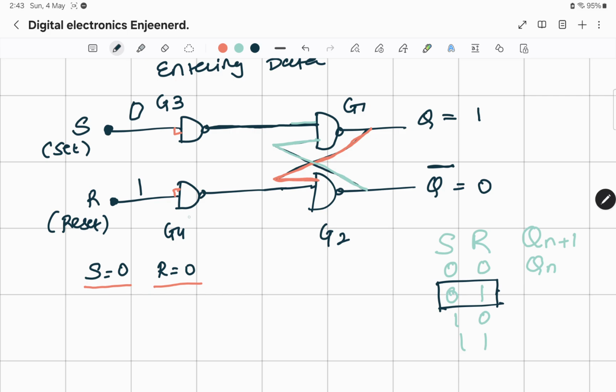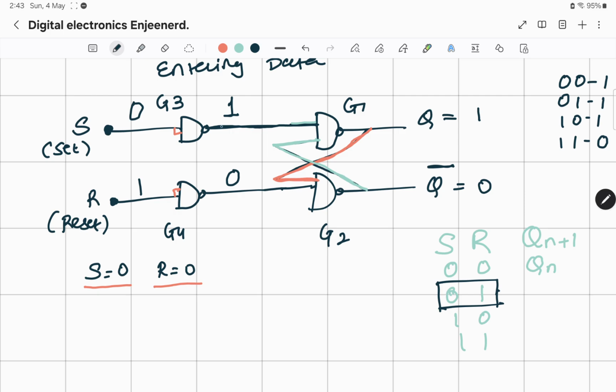These gates G3 and G4 work as NOT gates. G3 will convert 0 to 1 and G4 will convert 1 to 0. I am just writing down a NAND truth table here. 0 into 0 will give me 0, and NAND will do the reverse of it, which is 1. This is also 1. 1 into 1 is 1, and NAND will do a reverse, which means it is 0.